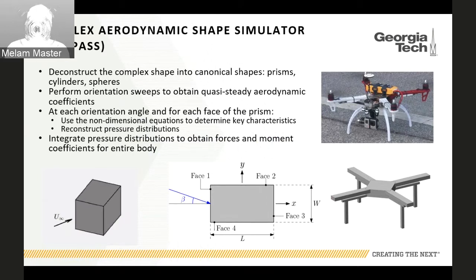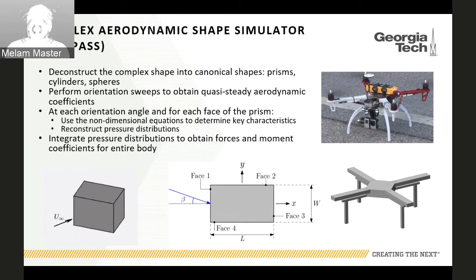We rotate the geometry of the vehicle for different angles of attack and different angles of side slip. At each orientation angle, we perform calculations for the coefficient of pressure distribution so that we can integrate those values to get moments and forces of each face and the overall vehicle.